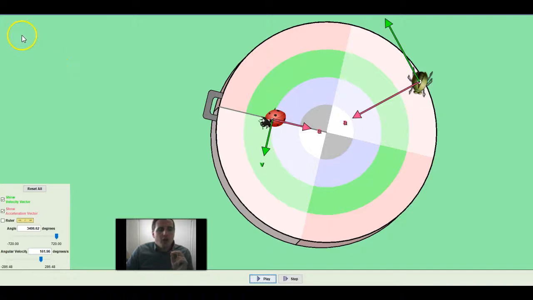So let's go over to the version where we can plot the position, the velocity, and the acceleration. But I'd like to plot the angular position, the angular velocity, and the angular acceleration as a function of time.